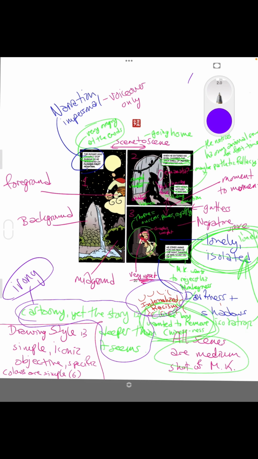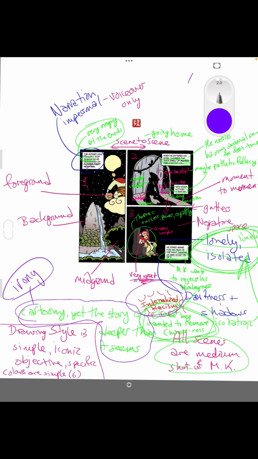So then we think about all of the things we looked at, all the features, all the intentional choices that the author made to show us how this monkey has gone from his justified anger at the gods to actually starting to believe that maybe they are right, that maybe they aren't the problem, that he's the problem. And this is that internalized prejudice, right? So he's seeing his monkeyness as a problem now because everybody else does. Now we're getting at a thematic understanding.